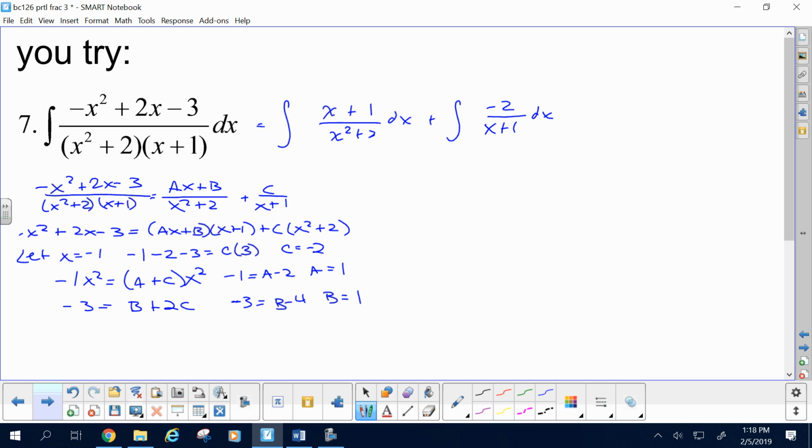X plus 1 over x squared plus 2 and negative 2 over x plus 1? Is that a yes? Okay. Yeah, it's yes. Okay. I just overcomplicated that way too much. It is because you're doing it all in your head. No, I assure you, when looking at your work, you do more of this in your head than anybody else in either class. Legit. That's what I'm working on.